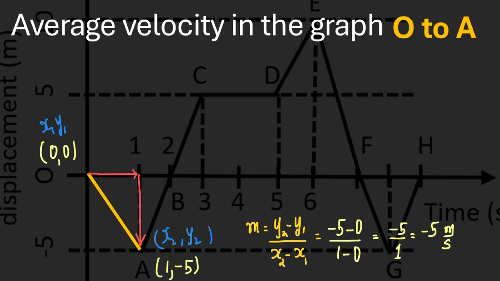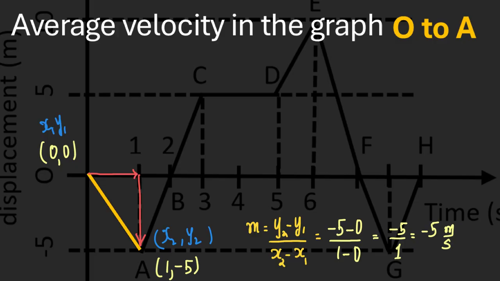Okay. So please make sure you complete the other points as well, maybe from O to C, O to F, O to G, O to H, F to G, G to D. Try to complete all these parts and figure out what the average velocities are and what you can infer from them. And I have a question for you.